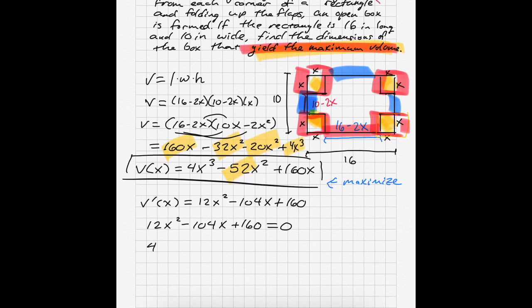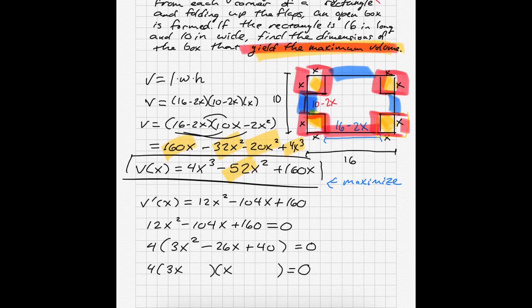Okay, and then let me see if I can find a GCF. Let's try at least 4. 3x squared minus 26x plus 40. See if I can factor that.